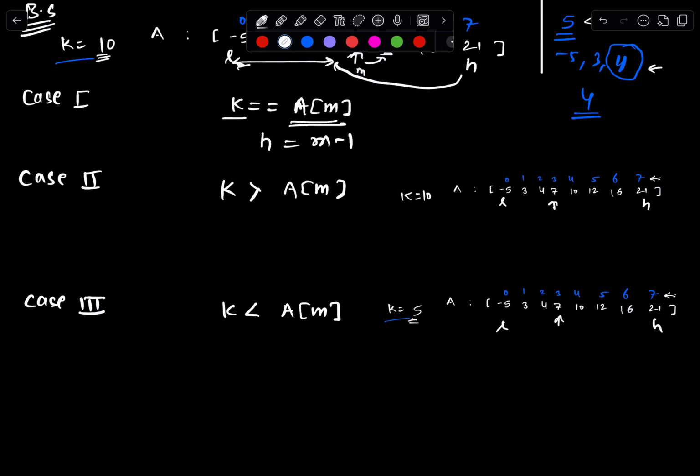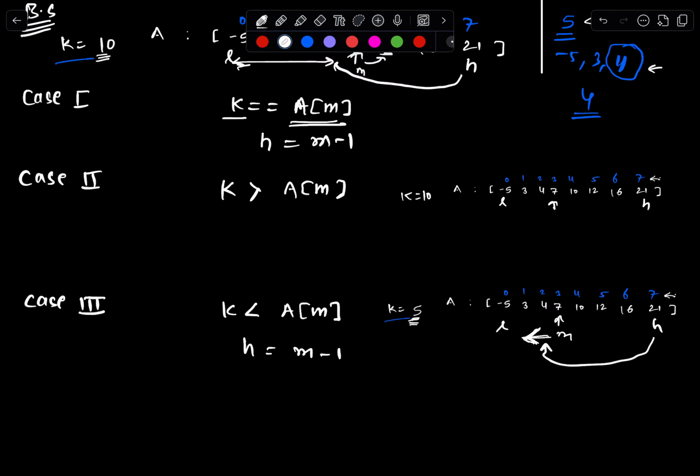We have to look on the left side, because smaller elements always lie on the left side. Do you agree with this? So my H should be on the left side of the middle element. So my H should come here. Make sense? So this is my case 1 and case 3.